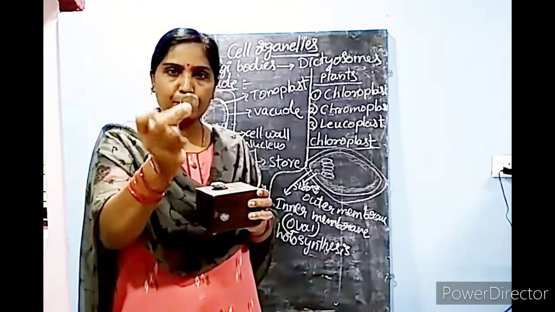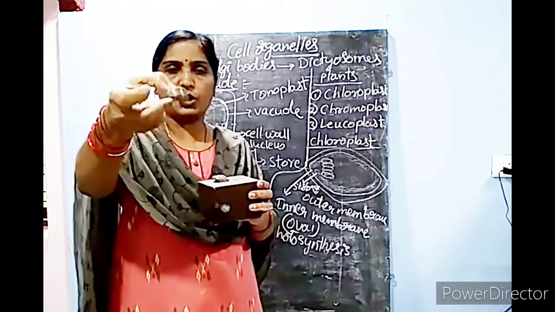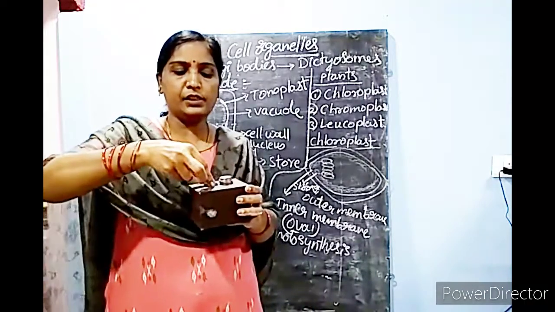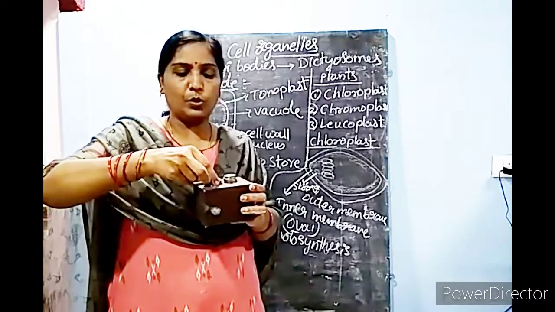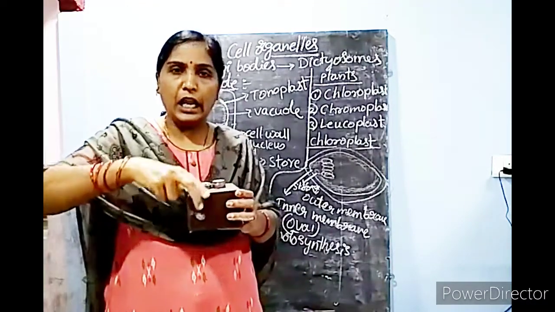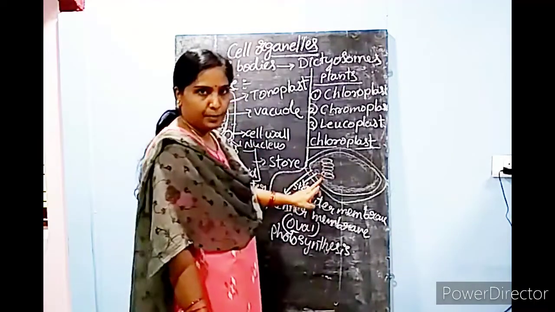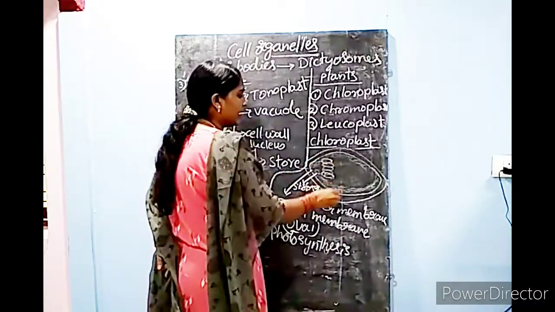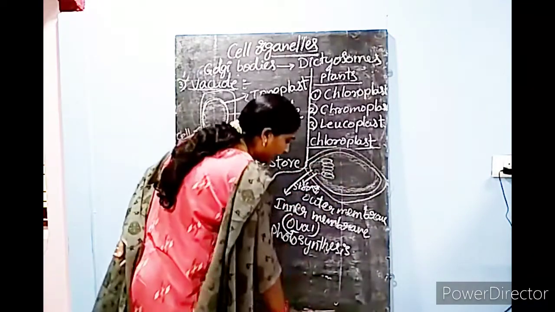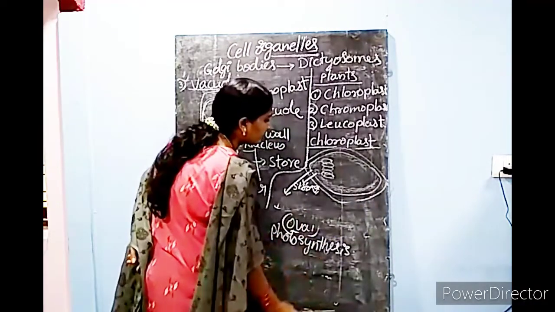In the same way, inside the chloroplast, along with stroma, the thylakoids are present. These are known as grana thylakoids.